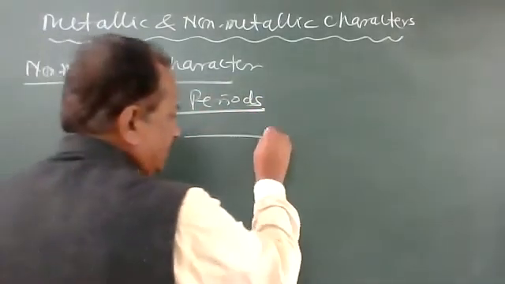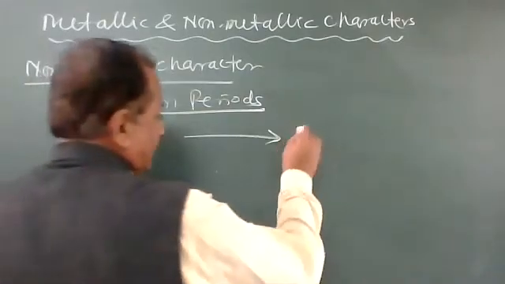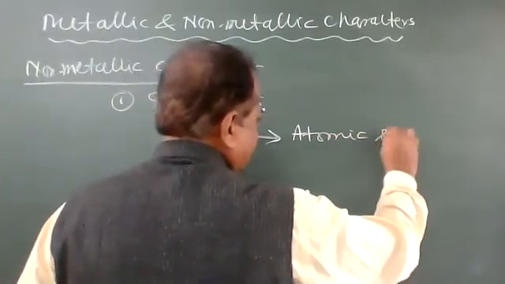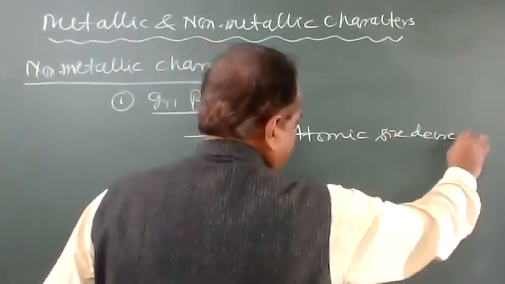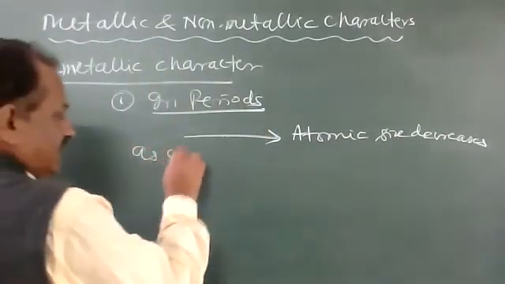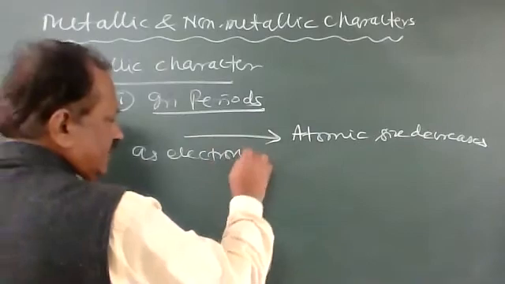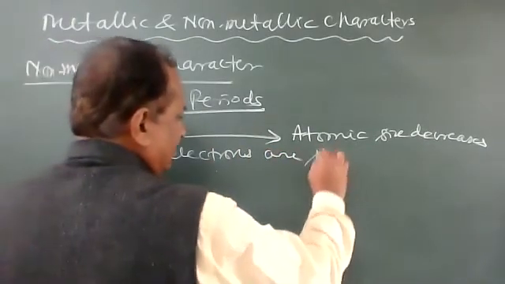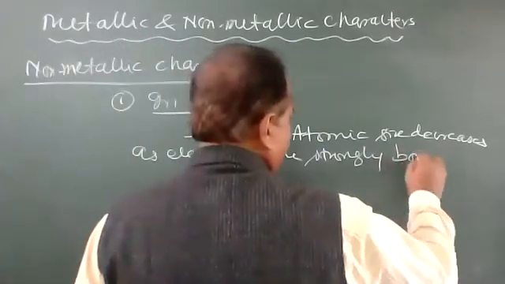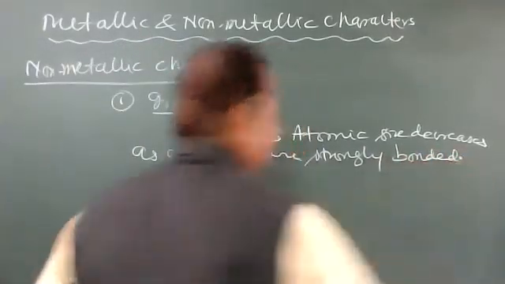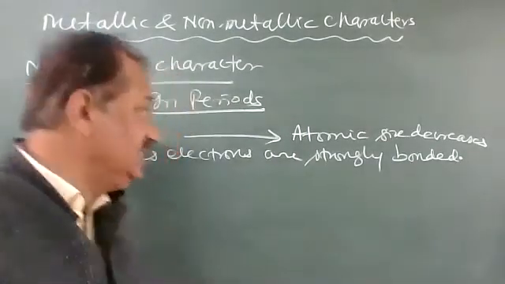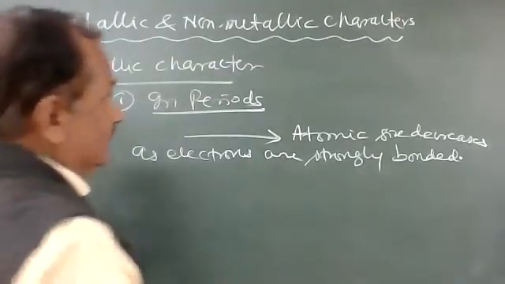When we move from left to right, atomic size decreases. Atomic size decreases as electrons are strongly bonded. Electrons are strongly bonded, and so what happens?